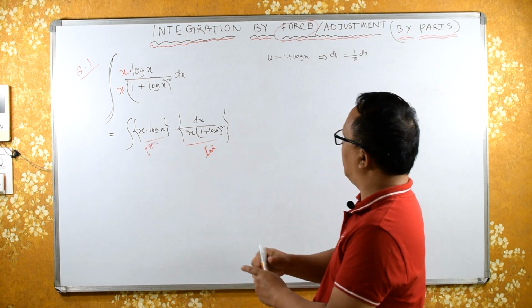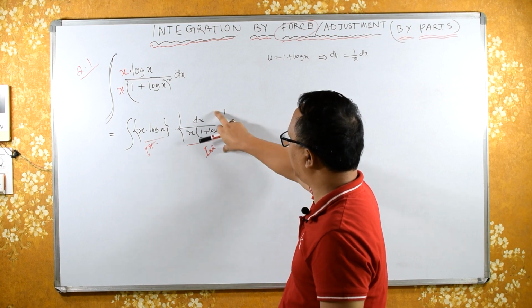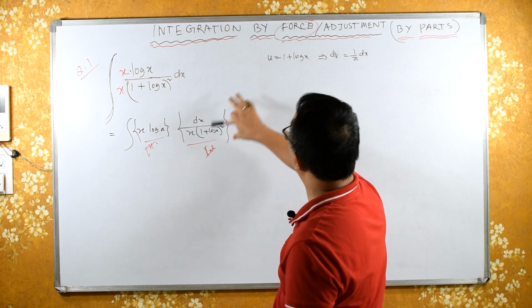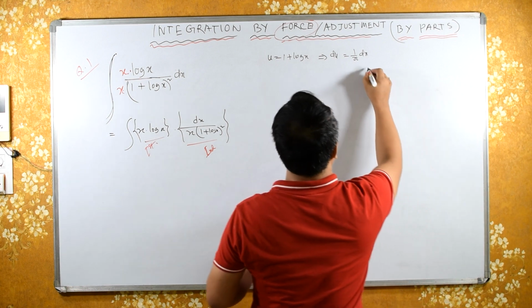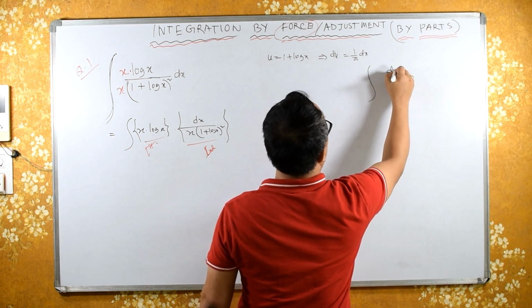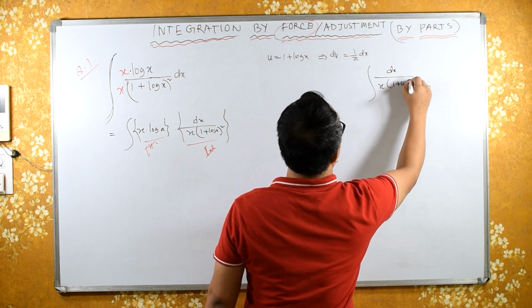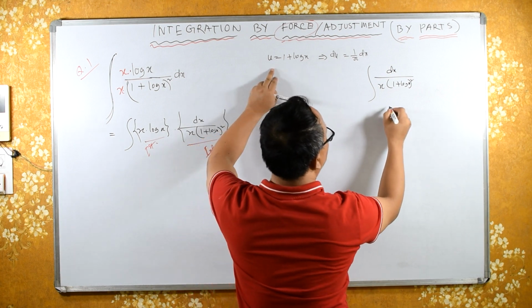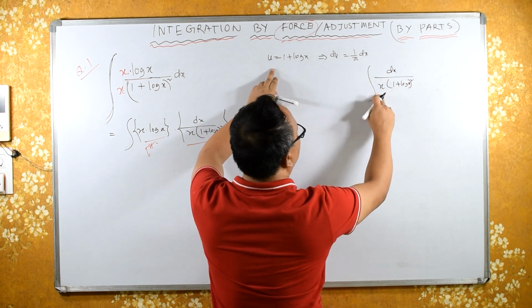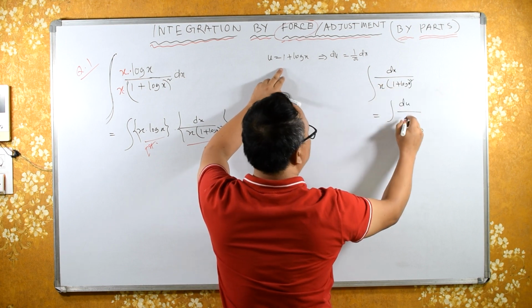Now the integration of this will come since it is the second function. Let's solve this integration first. What is the integration of dx upon x into (1 plus log x) the whole square? If I substitute, dx by x becomes my du, and 1 plus log x is u, so it is u square.